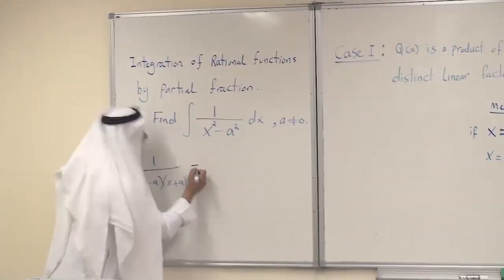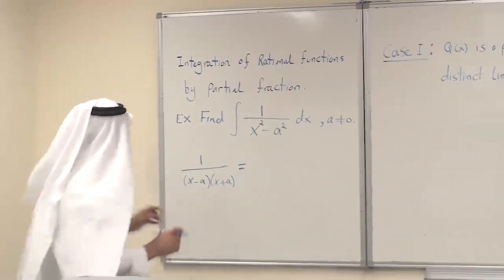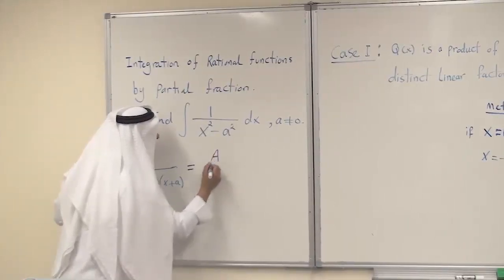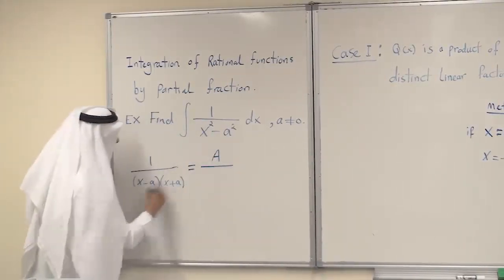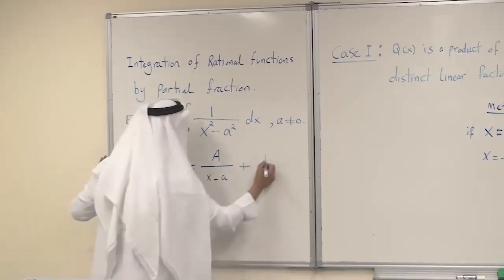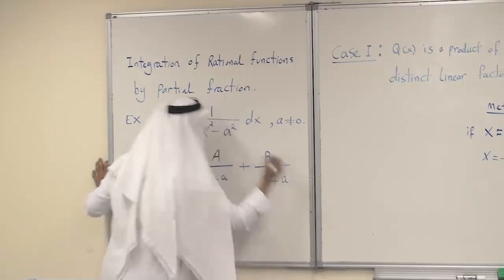This is equal to what? According to the partial fraction decomposition form, this is equal to a constant A divided by x minus a plus another constant B divided by x plus a.